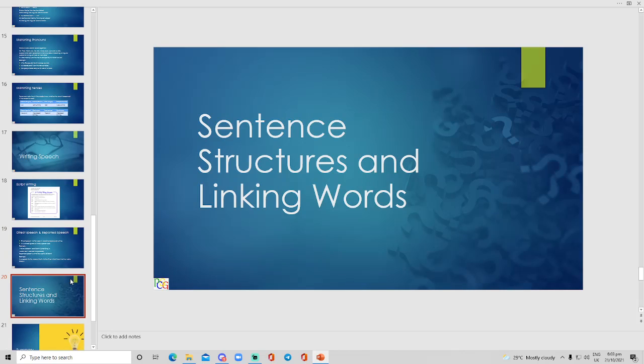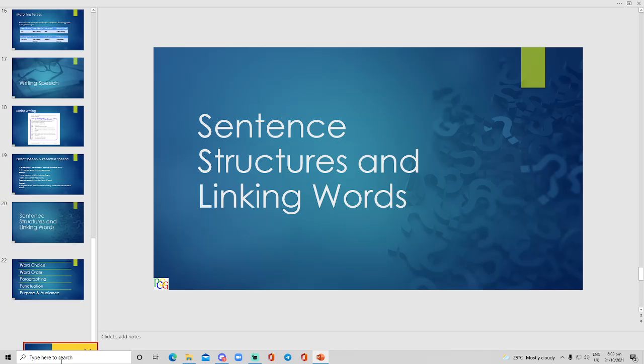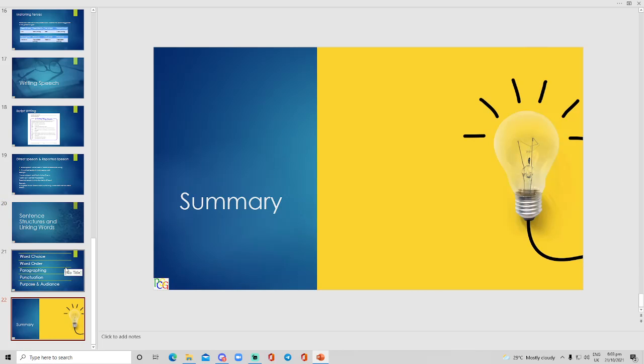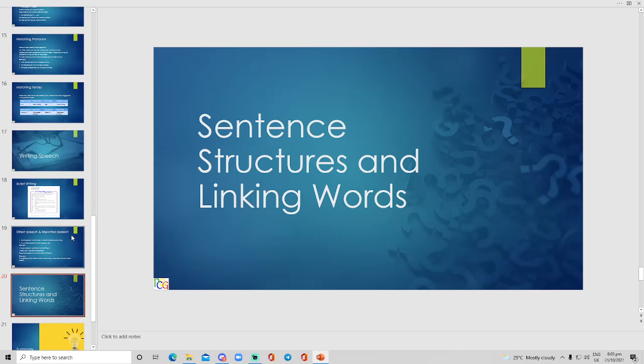Last part, sentence structures and linking words. This is supposed to be here. Actually, no, this is supposed to be here. I'm missing a slide. Maybe I accidentally deleted the slide, but I'll tell you what's supposed to be here, because I do remember. The last part is sentence structure and linking words. We covered most of sentence structure so far, so I won't go into that.